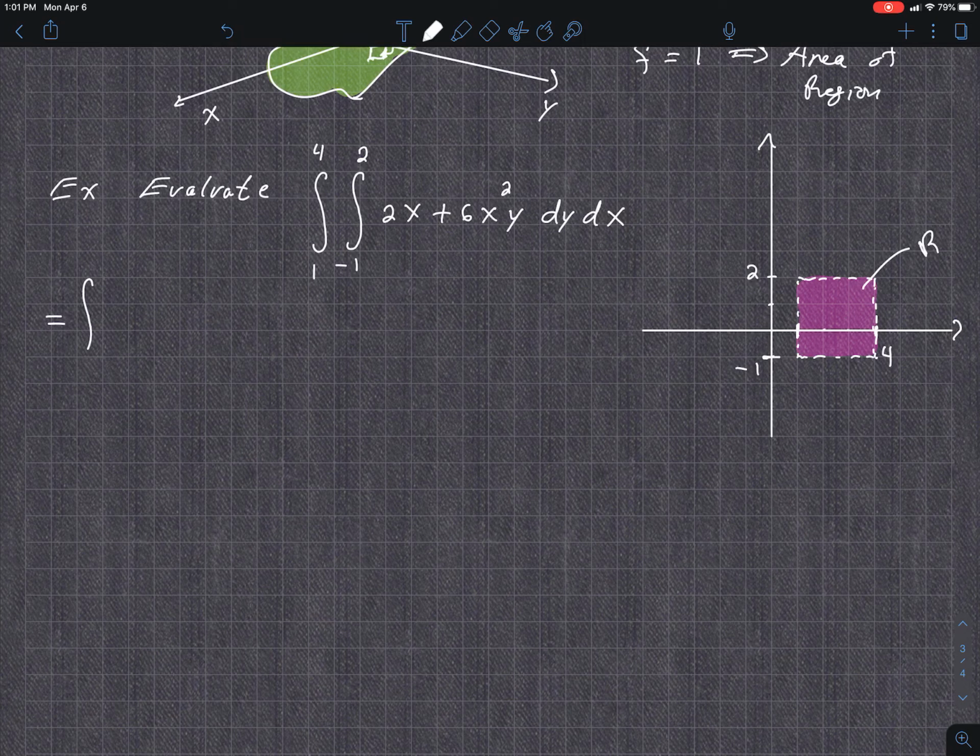All right, so let's continue. We say that equals the outside integral from 1 to 4, and then we integrate with respect to y. So you can put in your brackets like this, and then you do each one of these. So it's just 2x, a constant, so you get just y.